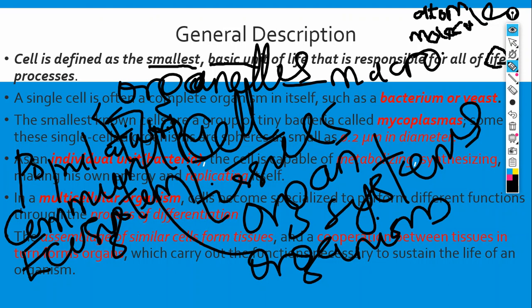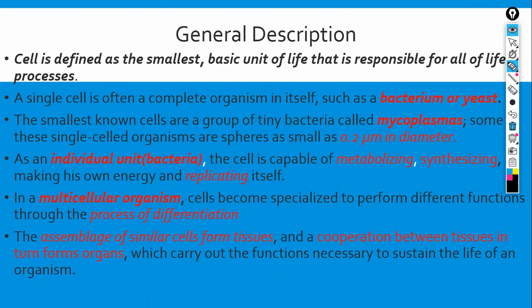Is that okay? Different ecosystems form the biosphere, which is our Earth, or the layer of the Earth where living things exist. This is all we have for the levels of organization of life.